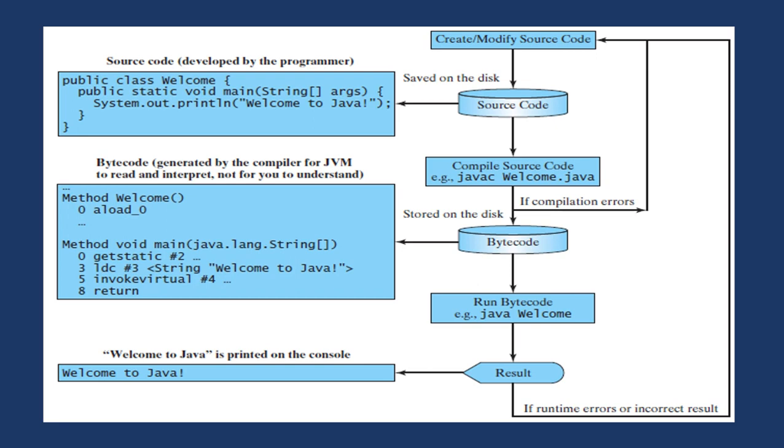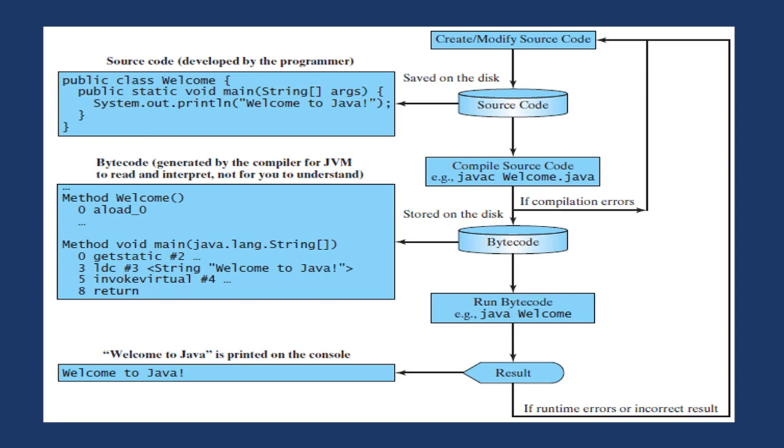So the bytecode is also stored on the desktop with the .class extension. In this case, what is the file name? Welcome.class. Okay. If a compiler error exists, we have to modify the code and compile it again. So if a compilation error occurs, the flow goes back to modifying the source code, because we have to debug the code, isn't it? Debugging the code and compiling it again.